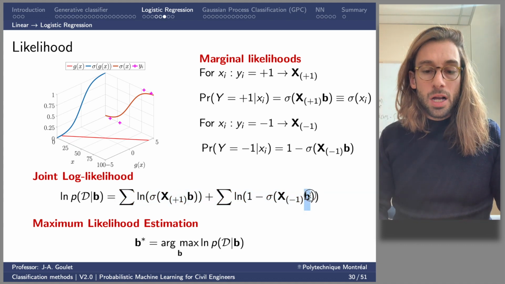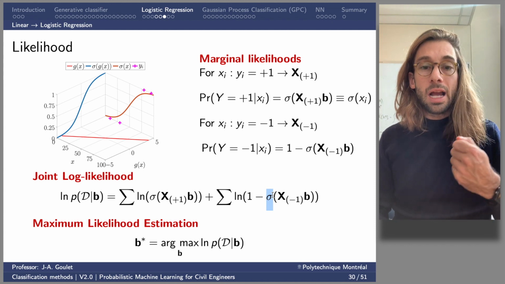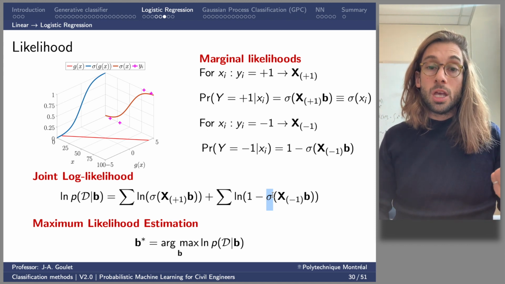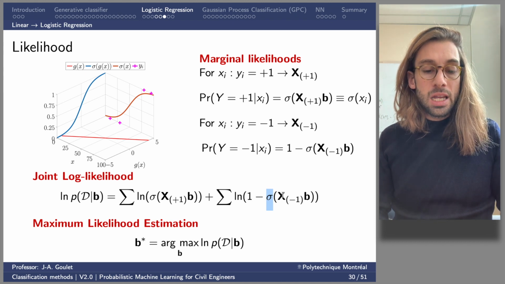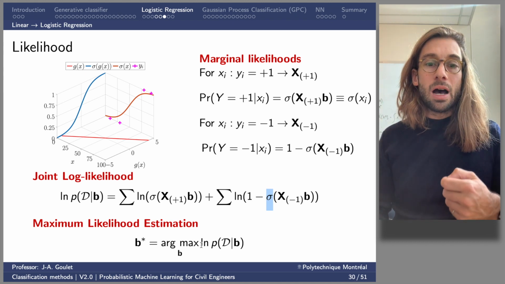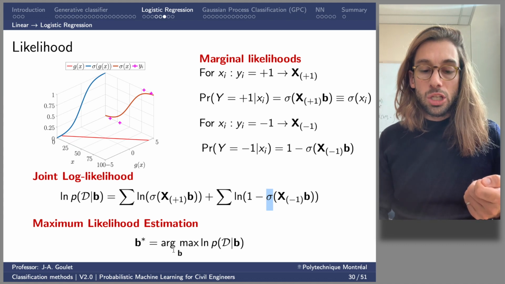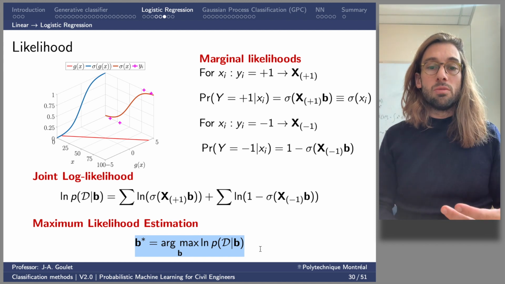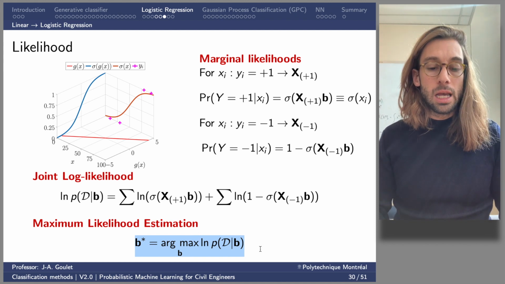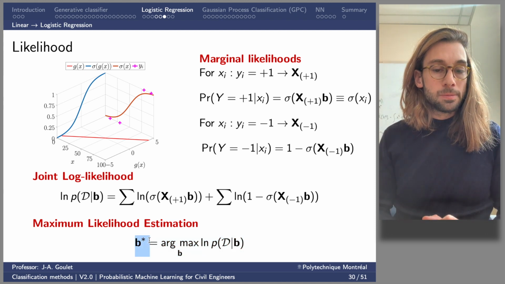But here, because of the nonlinear sigmoid function, we cannot directly obtain that linear form. So since we cannot obtain the linear form for this derivative, we cannot directly maximize explicitly in closed form. So what we have to do here is use a gradient optimization algorithm, such as Newton-Raphson or gradient descent, to find the optimal parameter values.